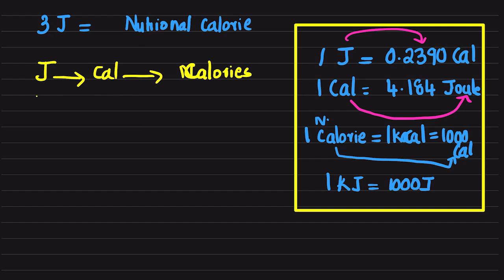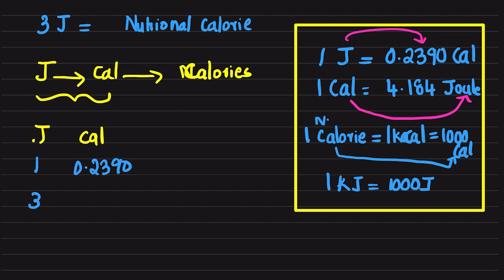First we take joule to cal. We know that 1 joule equals 0.2390 cal.